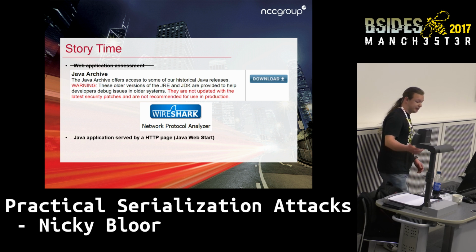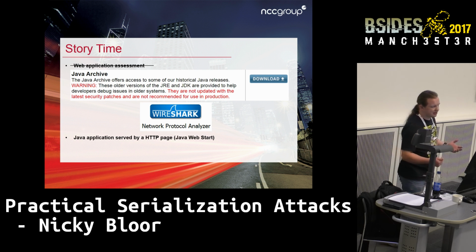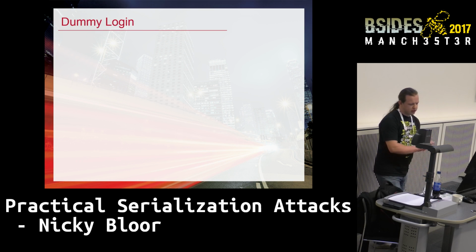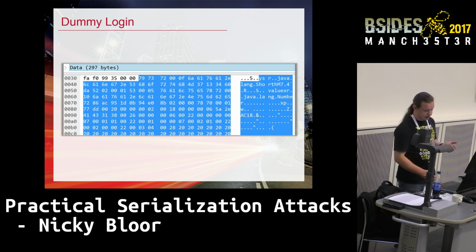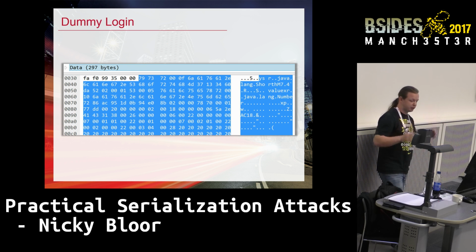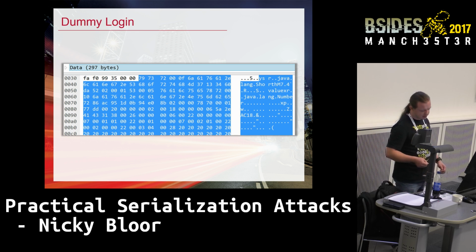So it was actually a Java application served by an HTTP page. Nothing else had anything to do with a web application assessment. That packet that I just showed you was a dummy login packet, where I submitted just random credentials in the application.